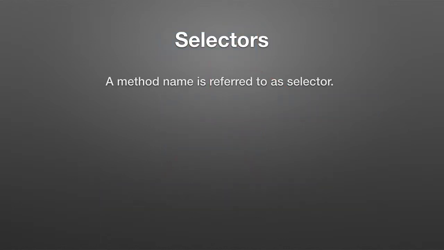In Objective-C, there is this notion of a selector. And what a selector is, effectively, is a method name. When the application is compiled, there is a global table created of all possible method names. Of course, different types of objects respond to a subset of those method names.